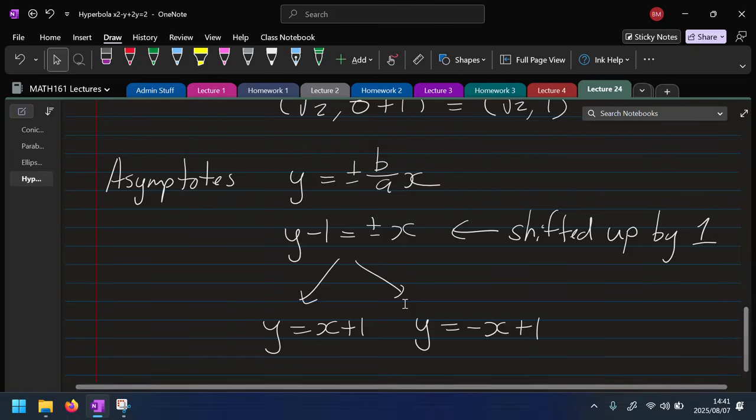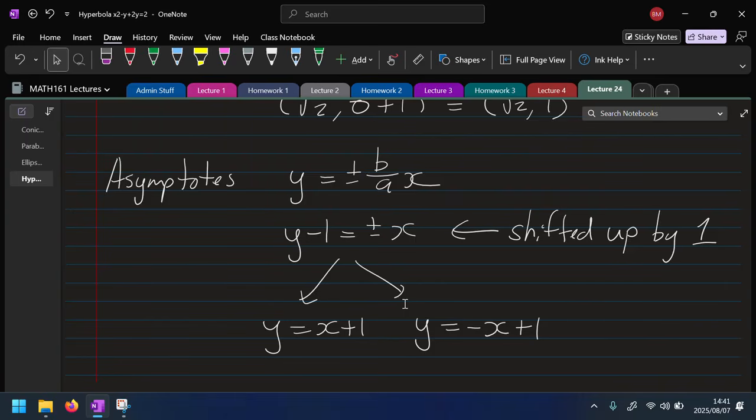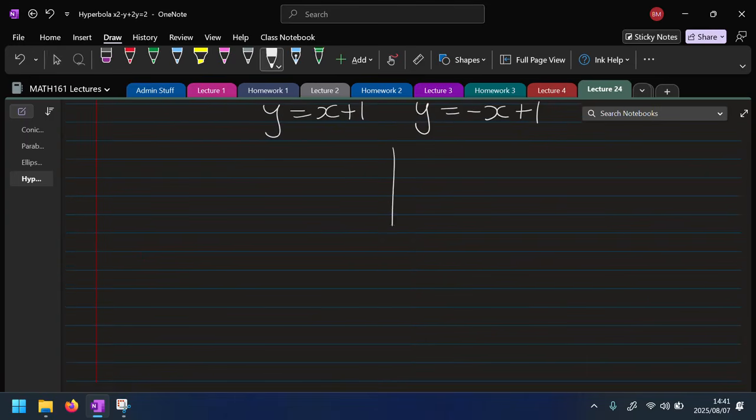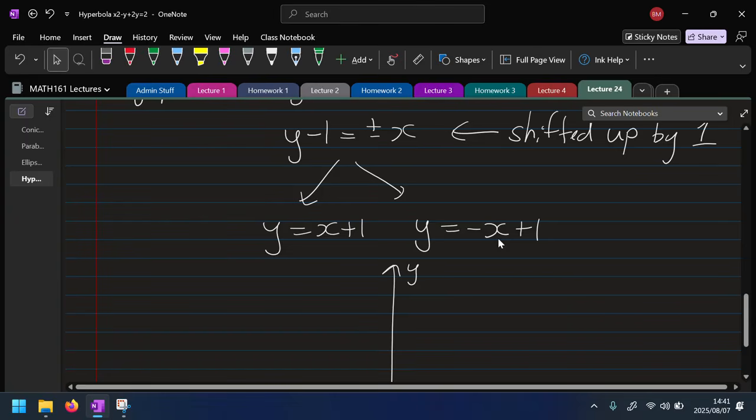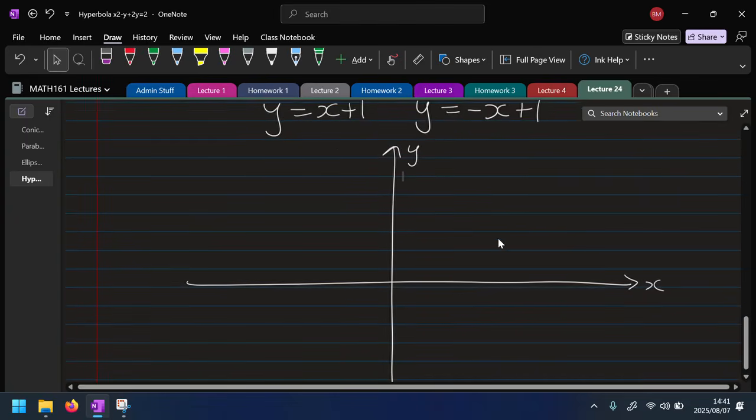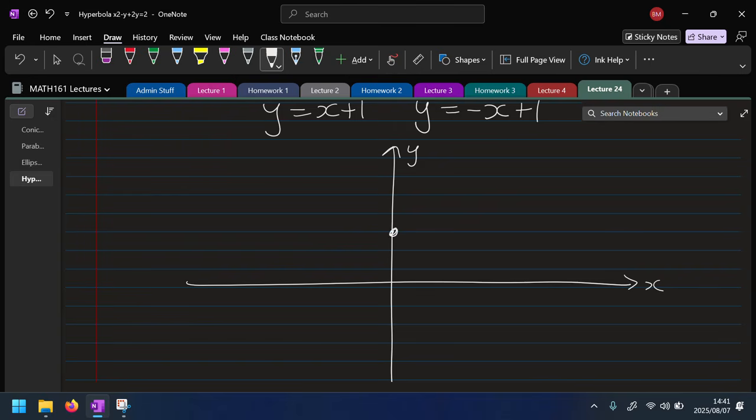Okay, and finally, we can put everything together to sketch this. So x and y. So x plus 1 and minus x plus 1, they're going to intersect at 0, 1. So that's going to be somewhere over there. Let's put in the asymptote lines.